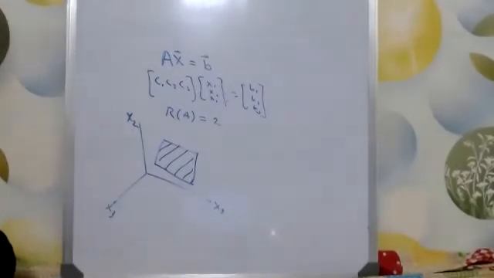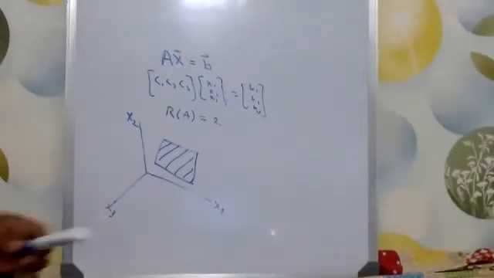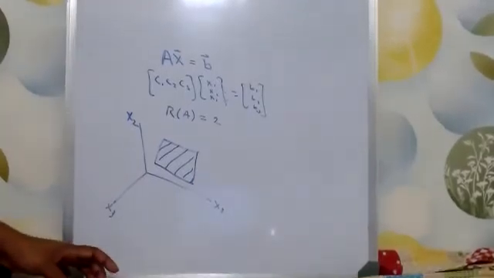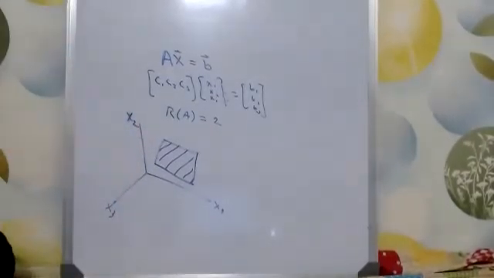So what do we know? If you have two independent vectors in 6 dimensions, for example, suppose you have a 6 by 6 matrix, how many dimensions? 6 dimensions. And you have two independent vectors in that 6 dimensional space, then you will have a 2D plane in 6D as your column space.